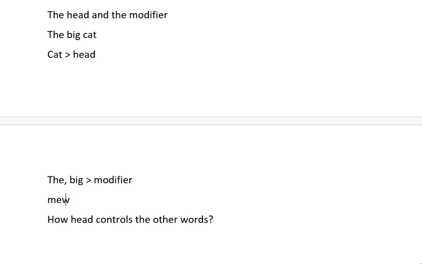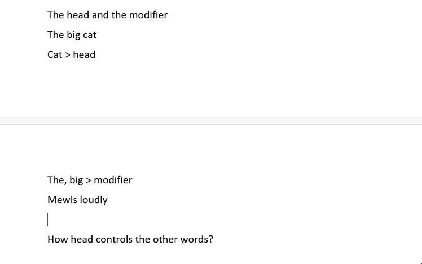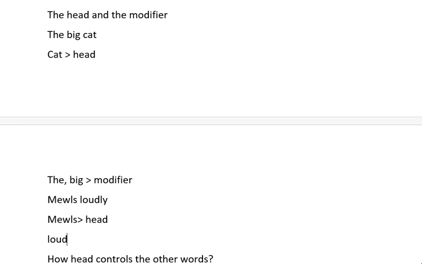Or if I say the big cat mews loudly, right? In this, the word mews is what? It's the head, and loudly is the modifier. Clear?